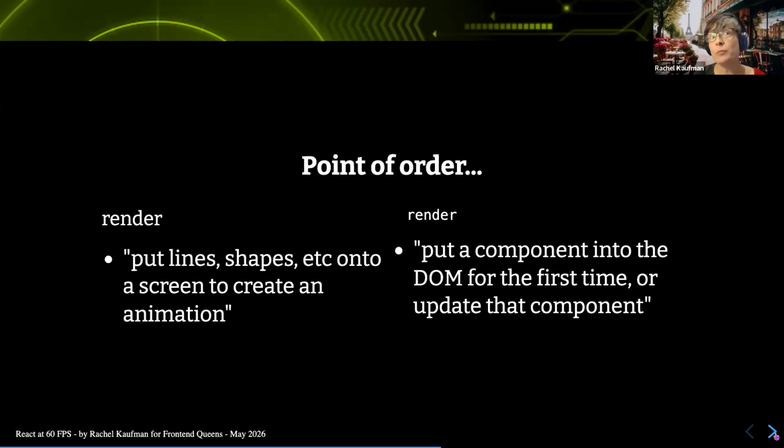Render in the React sense means put that component into the DOM for the first time or update that component. You could also hear mount and re-render, but basically the way we get the most performance when animating in and around React is to render in the animation sense as much as possible and in the React sense as little as possible. We don't want unnecessary re-renders.